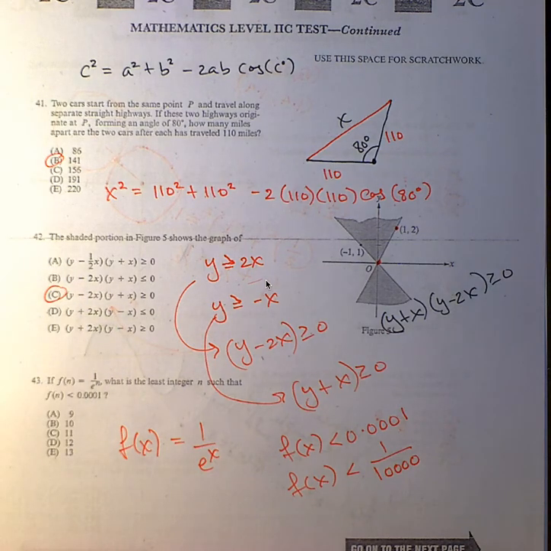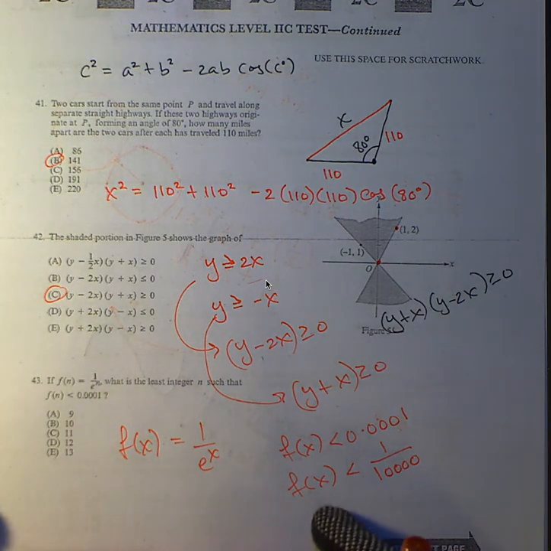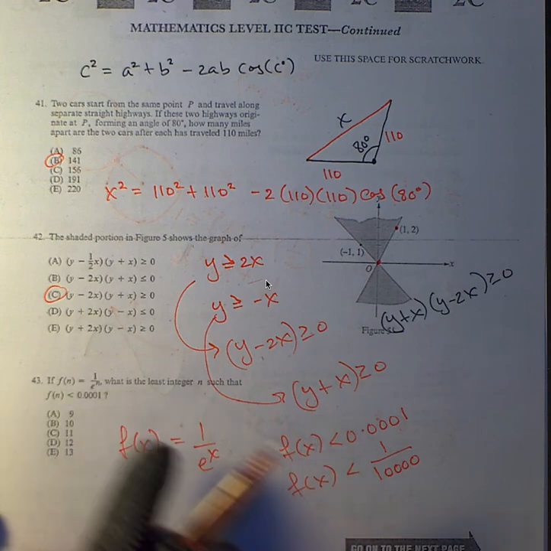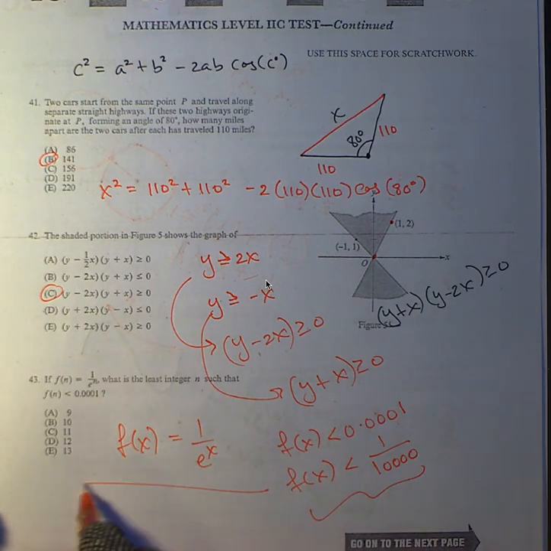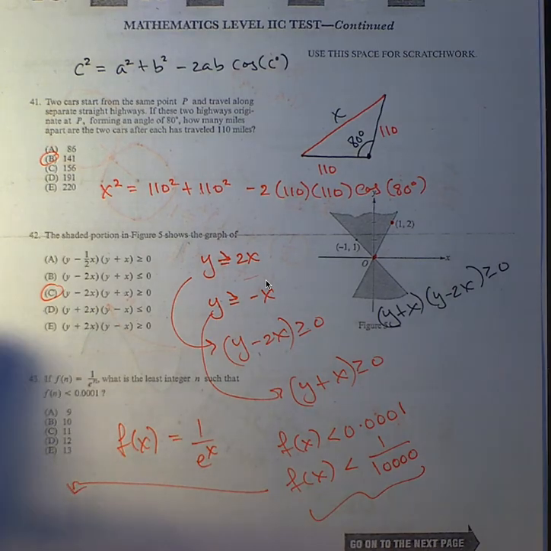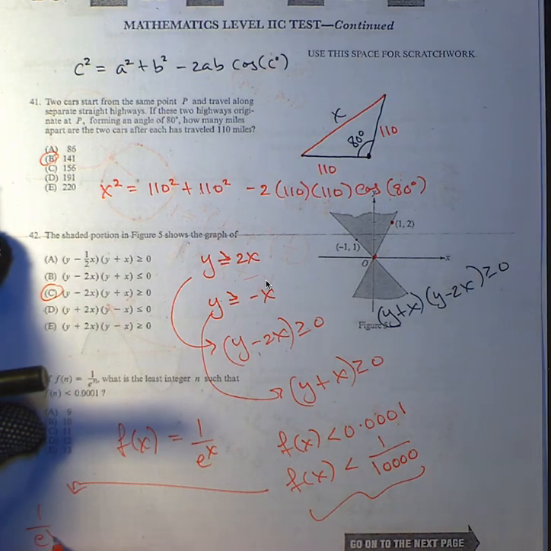First, let's figure out where f of x is equal to this. By the way, f of x is equal to 1 over e to the x. So instead, let me work with 1 over e to the x is less than 1 over 1 followed by four zeros.